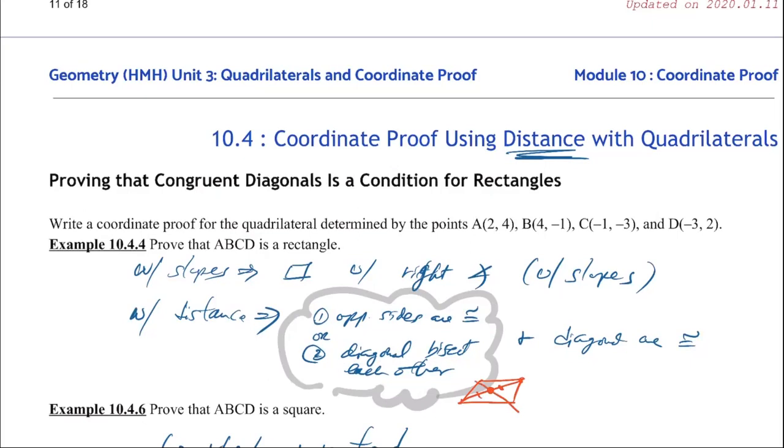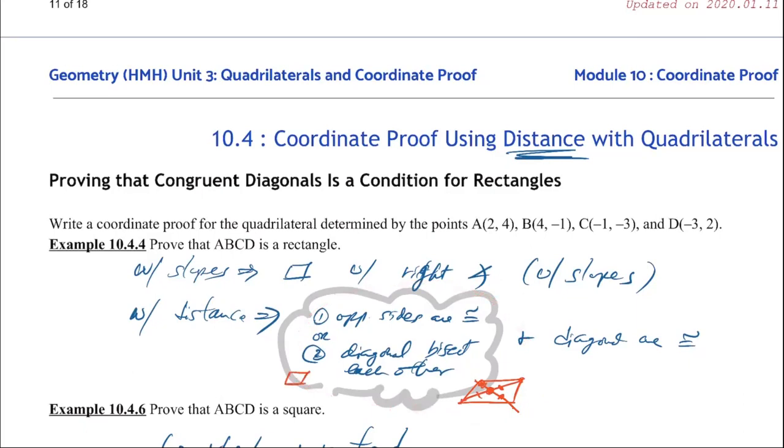If it turns out the midpoint is exactly the same, it means that this midpoint divides the two diagonals equally in halves, so they bisect each other. Hope that makes sense. That is just to show that it is a parallelogram.